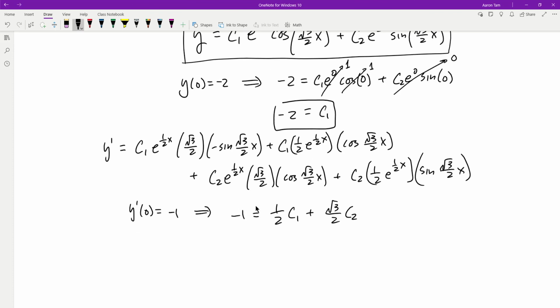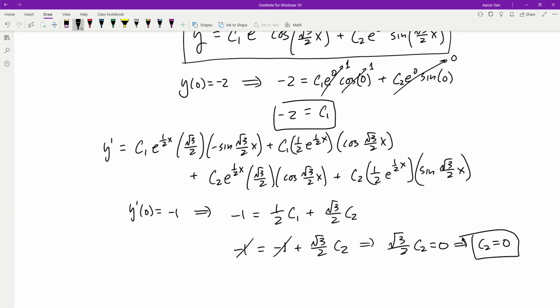So if I plug that in, I'll have negative 1 equal to negative 1 plus radical 3 over 2 C2. Notice that these two things cancel out, leaving you with radical 3 C2 equal to 0. And therefore that implies C2 is 0, which is good.